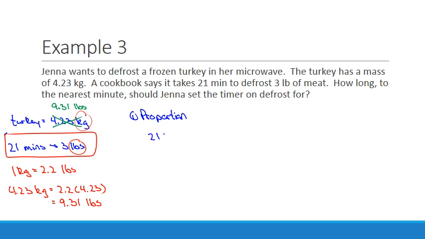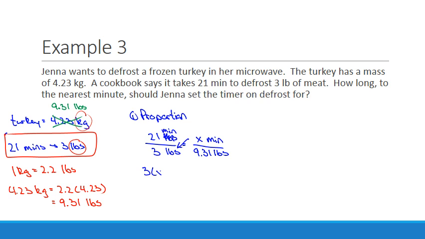When I did the work before, I went 21 minutes over 3 pounds. And I am wondering how long it's going to take if I have a turkey that is 9.31 pounds. Okay, it's set up, so now I can start working.